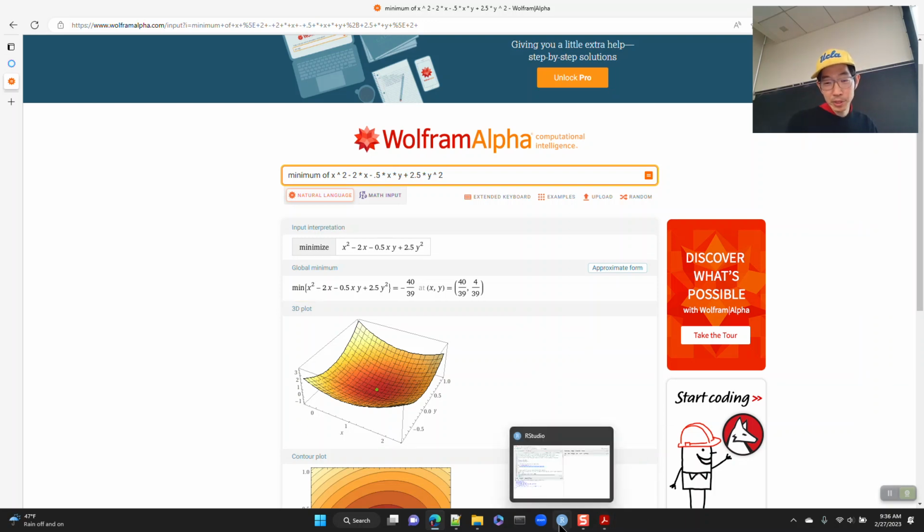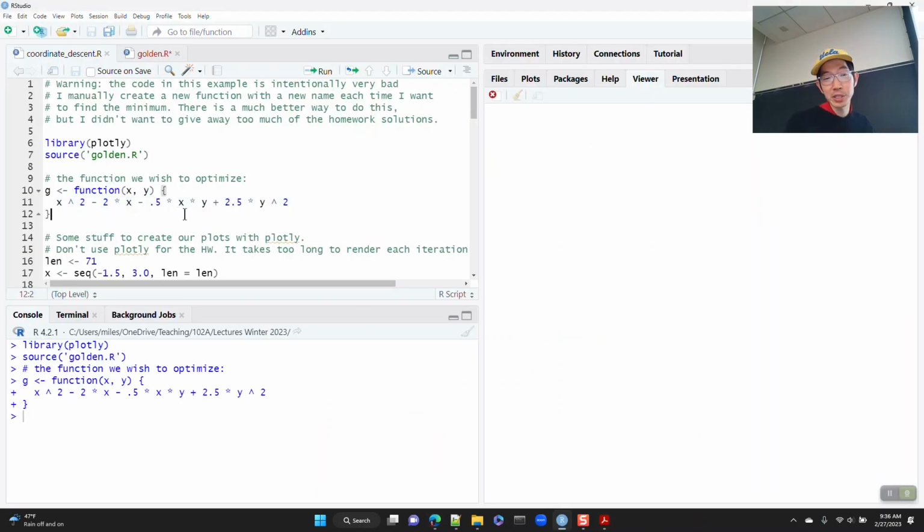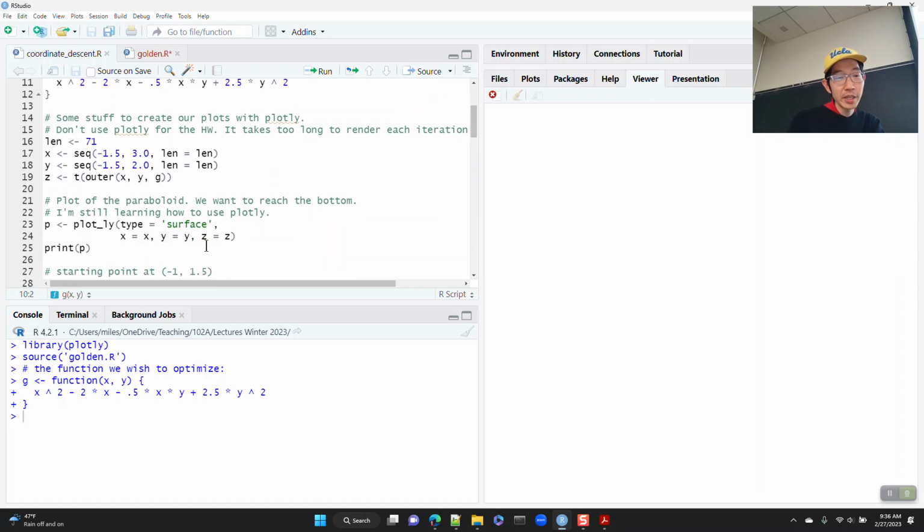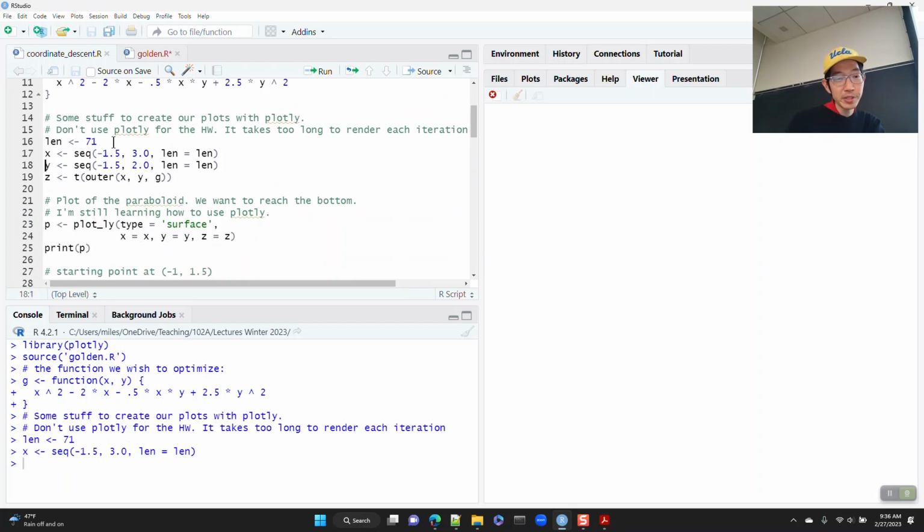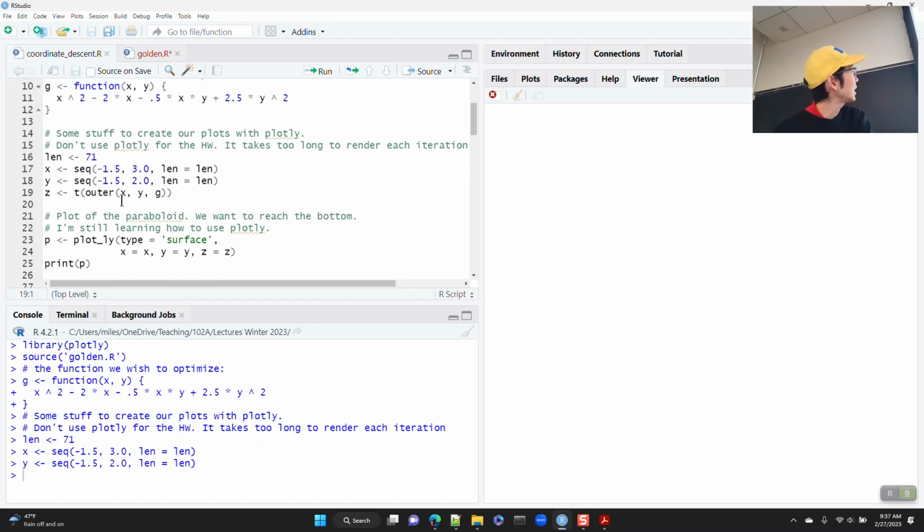Well, anyway, that's the function that we're going to try to find the minimum of, okay? So here's my function g. And what I'm going to do is plot the function, and here I use outer. What outer does is it applies this function and gives me a matrix, right?